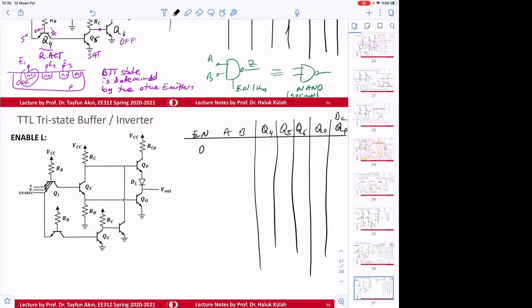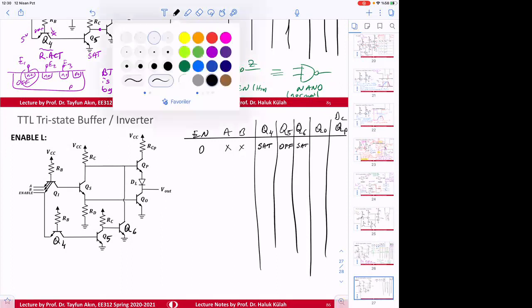So if this one is 0, let's not worry about the others, don't care here. Q4, Q5, and Q6. Q4 will be what? Saturation. Yes. So this will be in SAT. What about Q5? It should be off. Yes. Q6? Saturation. Yeah, it should be in saturation.